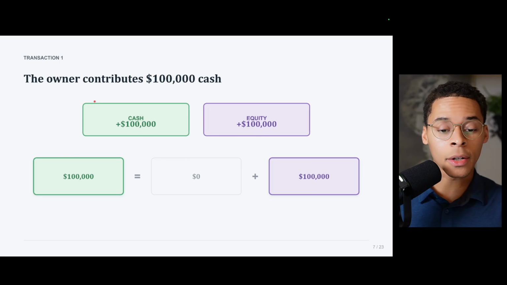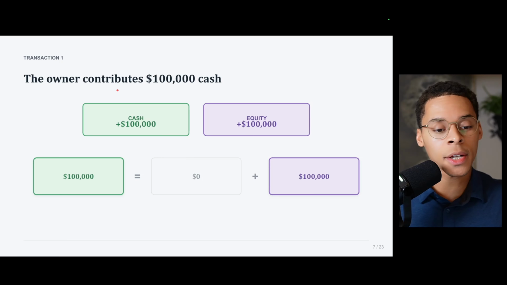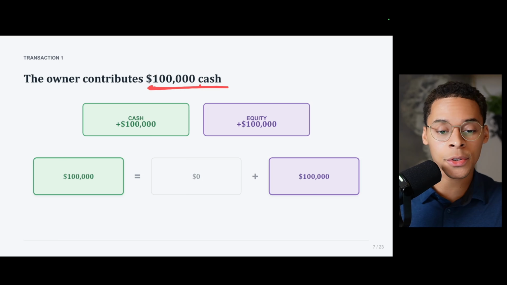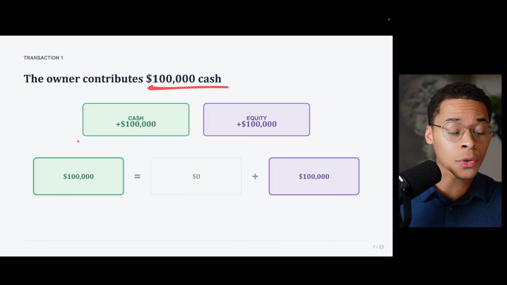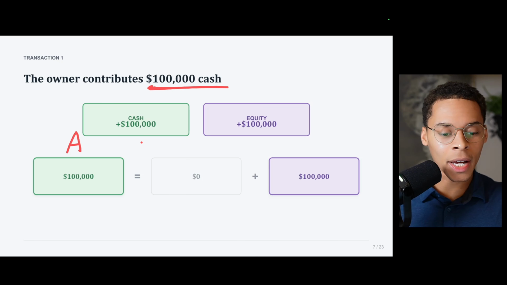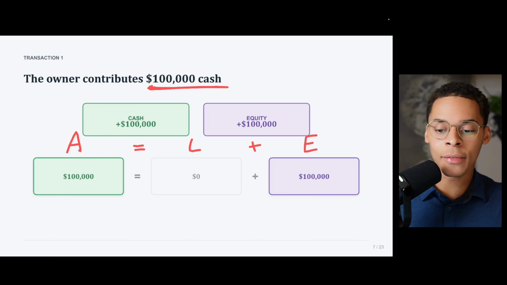Okay, now to make this concrete, let's walk through a couple example transactions. So let's say that the business owner contributes $100,000 of cash to the company. This is transaction number one. At the bottom of our screen, we have assets equal liabilities plus equity. Okay, this is our beloved accounting equation. So cash is an asset.